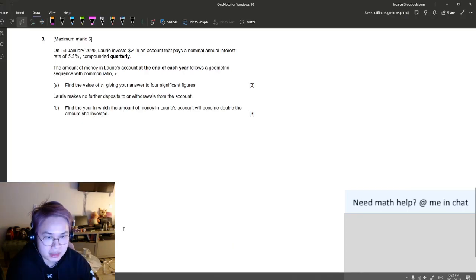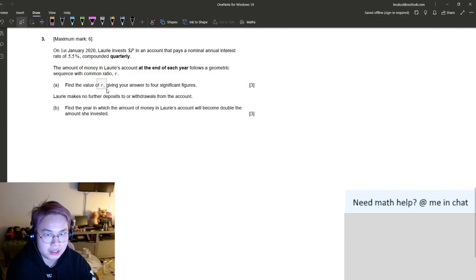So one thing to notice is they want you to find out the value of r, and they don't mean r as in the interest rate. They want the value of the common ratio r, but that's not a big deal if you look at the formula. Basically, future value is the next term in a sequence. So instead of writing FV, let me just write FV up top.